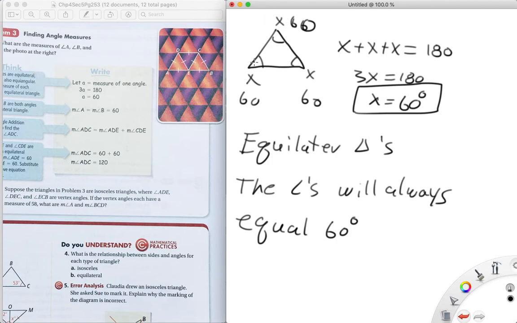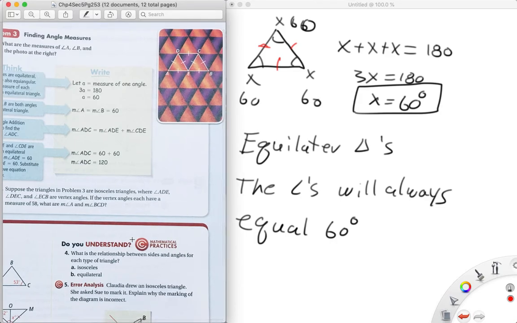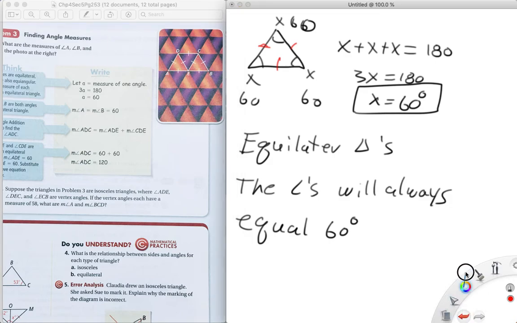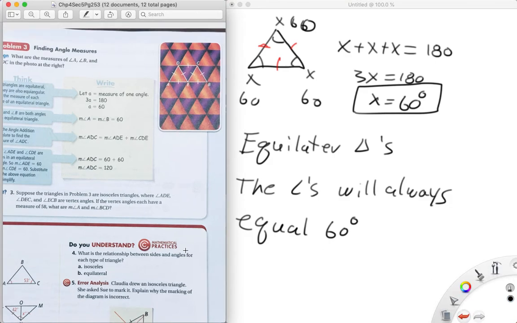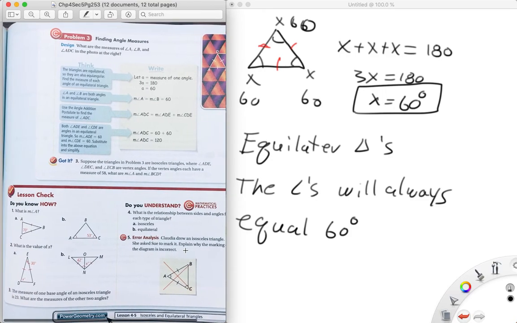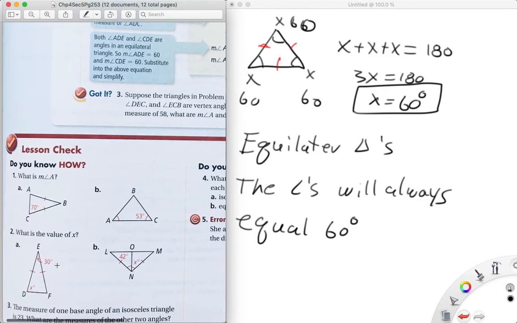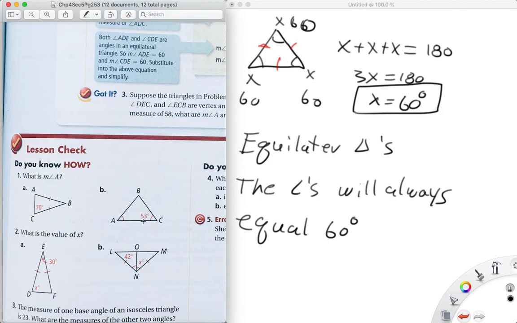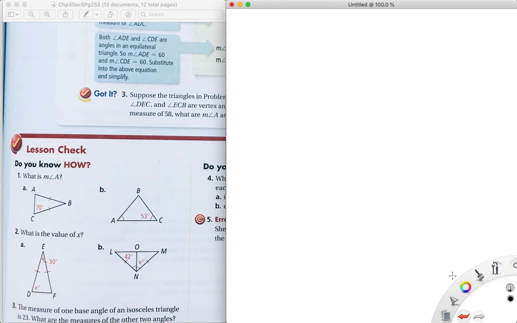There is no other angle that it can equal if they are equilateral triangles. Okay? Always, always, always. So if we know that they're equilateral, we'll always be able to find angles because they will always be 60 degrees. Alright, well, this section is going to really utilize fewer theorems, so more solving for X. It's more algebraic in nature. So, a couple examples here.